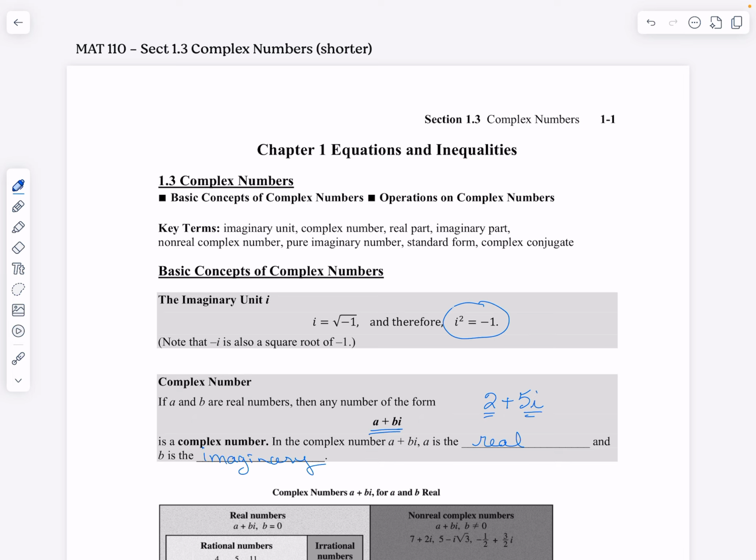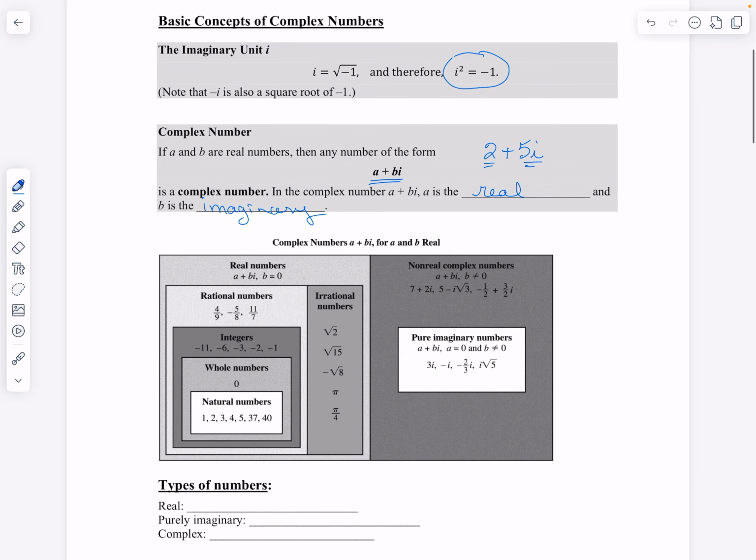All the numbers in the world are separated into real ones and imaginary ones. For the real ones, we have our counting numbers or natural numbers. Then we have our whole numbers, the natural numbers with the zero. Then we have our integers, where we add our negatives.